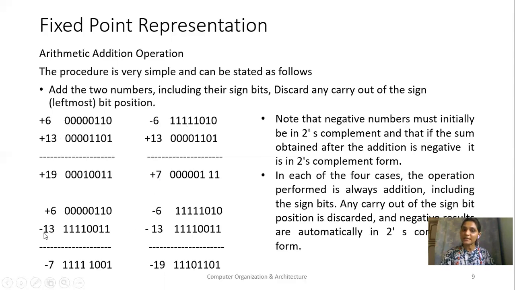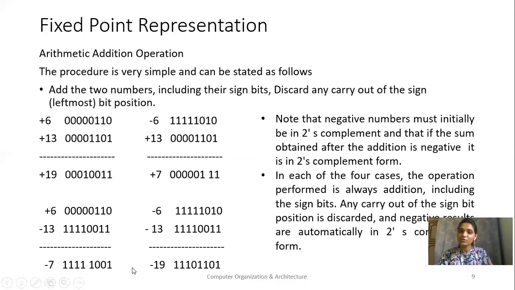Similarly, if 13 is negative, then you have to find the 2's complement of 13, with 6 as it is. If both numbers 6 and 13 are negative, then you have to find the 2's complement of both numbers, for 6 and for 13, and then you can do the addition, and the result will be in 2's complement form.